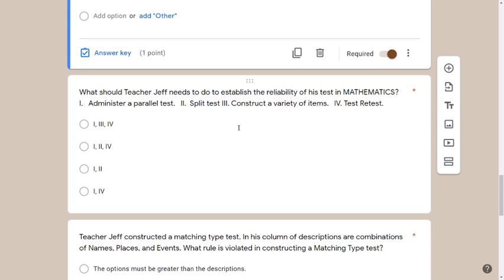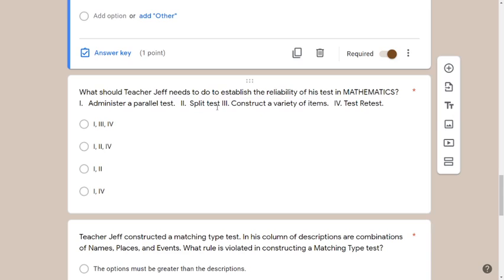Now, is constructing a variety of items a type of reliability test? It's more of a choice that you will be creating different kinds or types of items, right? A split test is a type of test wherein you have set A and set B. They may have different questions, but they have the same topic or perhaps the same type of items.